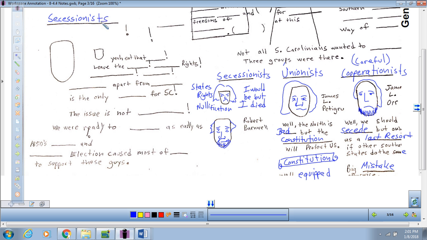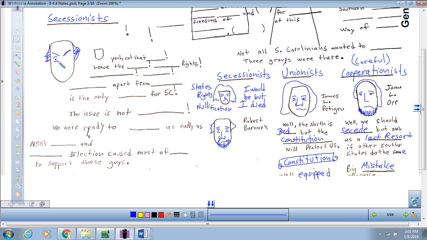The secessionists were the most ardently in favor of breaking away from the Union. And they argued this in such a passionate manner. They were the loudest voice at the convention.